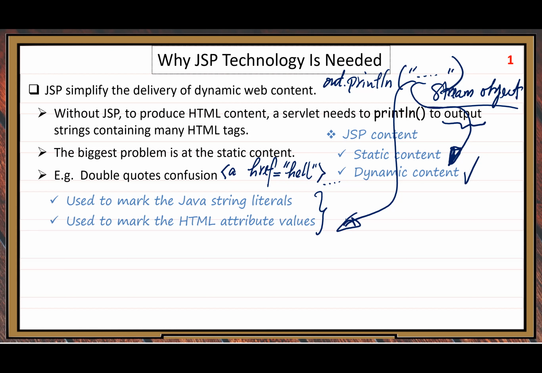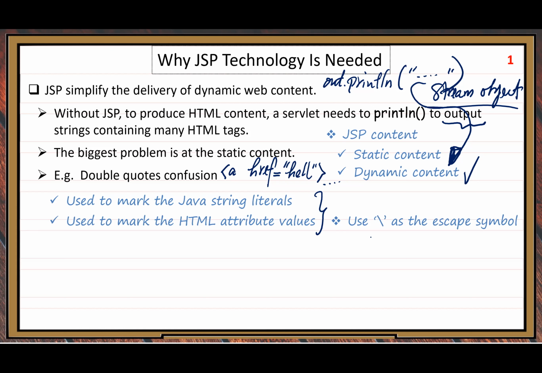How can you avoid confusion? To avoid the confusion, people use backslash as the escape symbol. For HTML double quotes, escape. For Java double quotes, no escape.